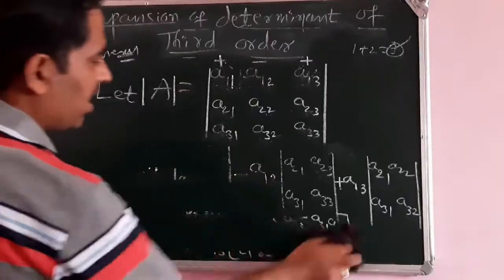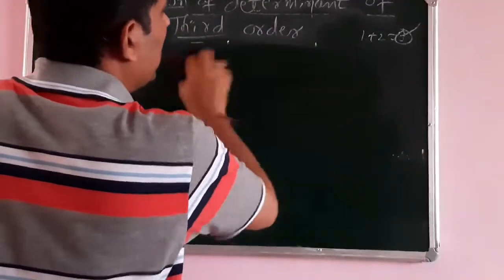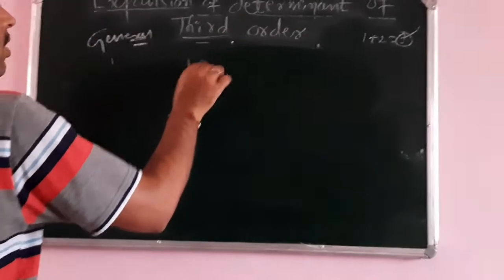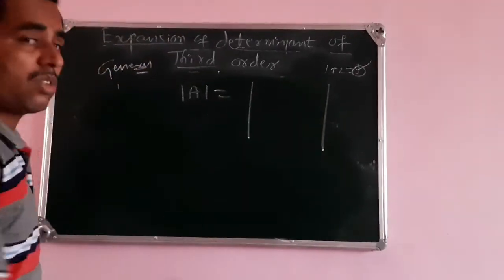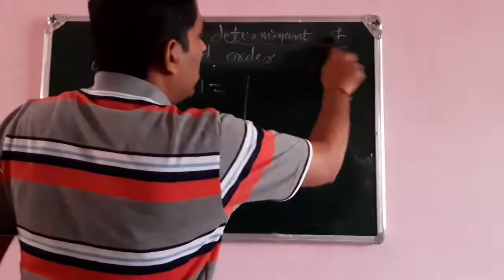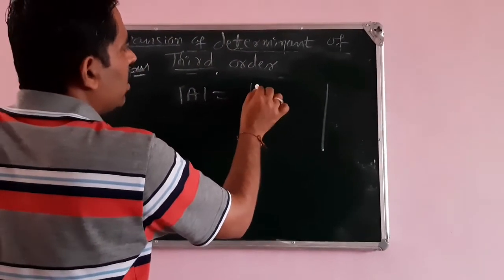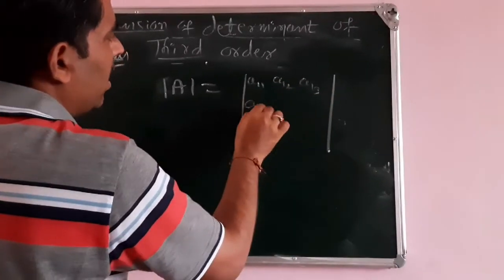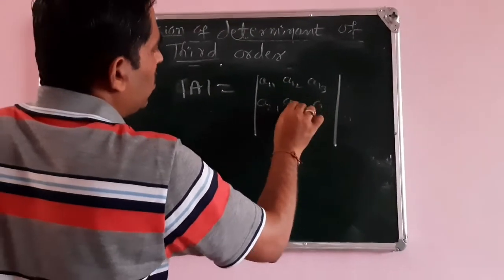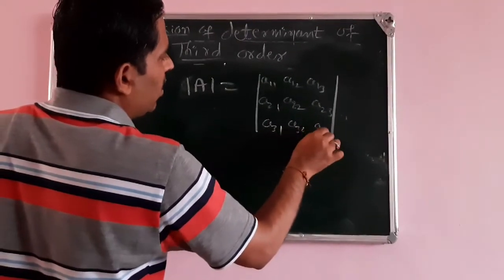So what we have done in this class: if I have a third order determinant, it contains some elements inside. Say I have taken a11, a12, a13, a21, a22, a23, then a31, a32, a33.